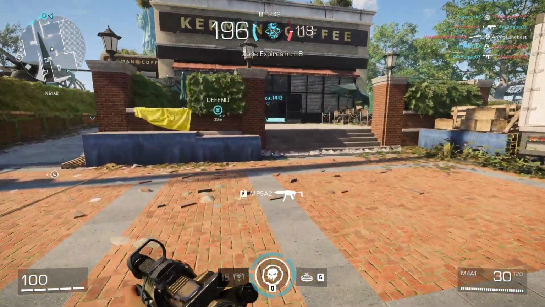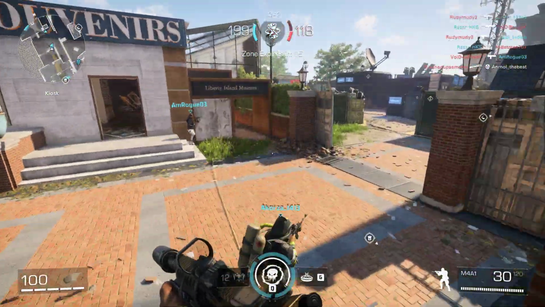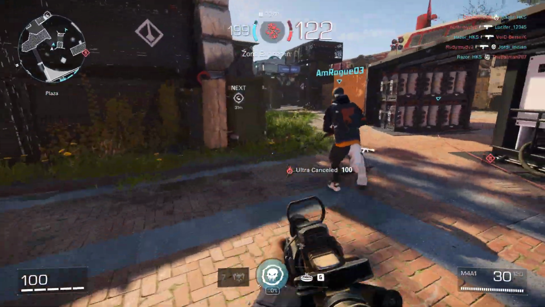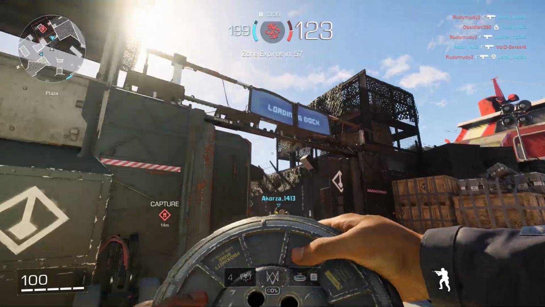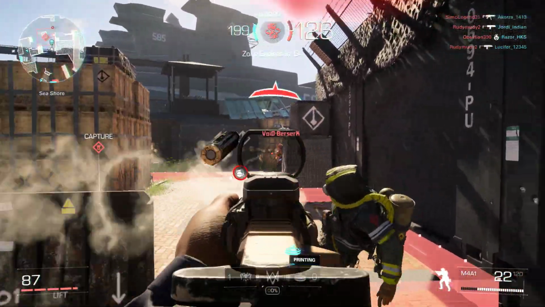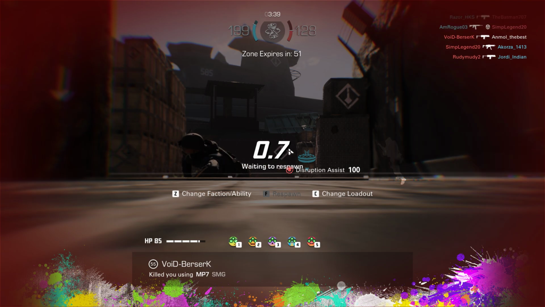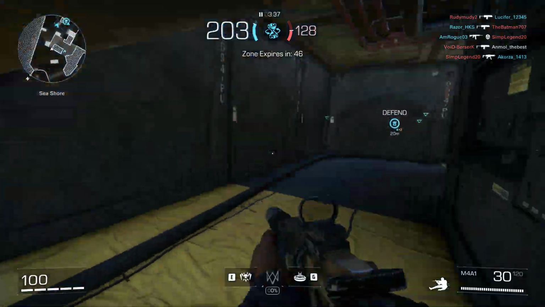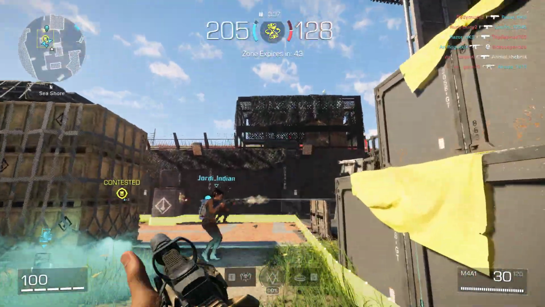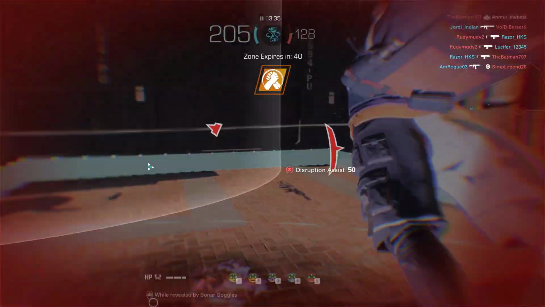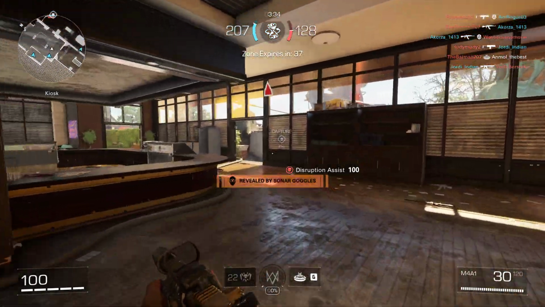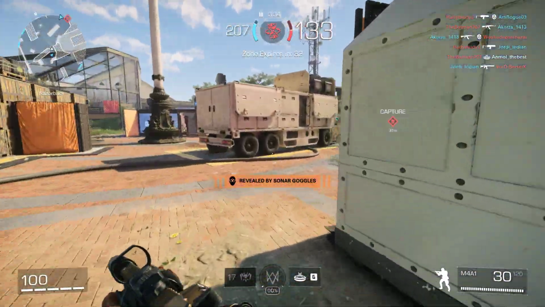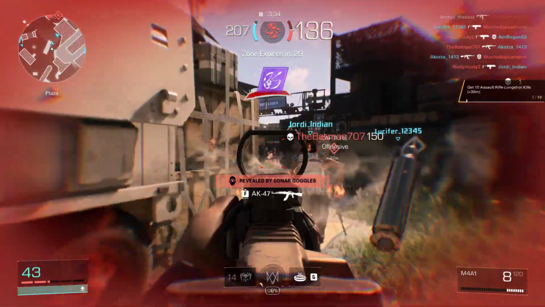Loading ammo. Hostile echelon can see through walls now. Consider running rather than hiding. That was self-defense.